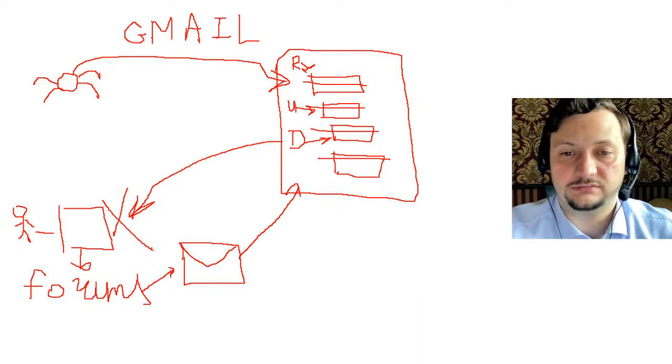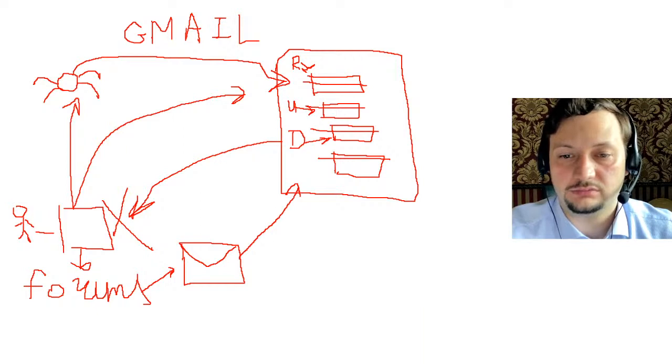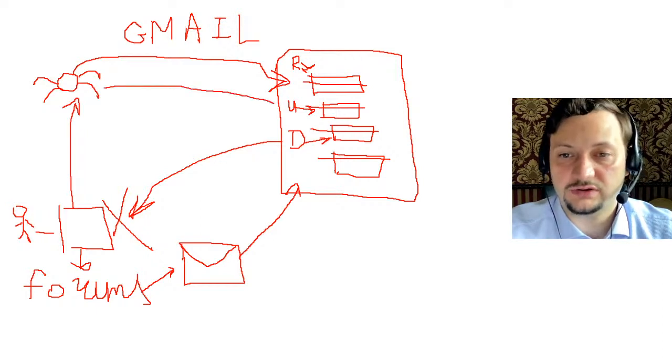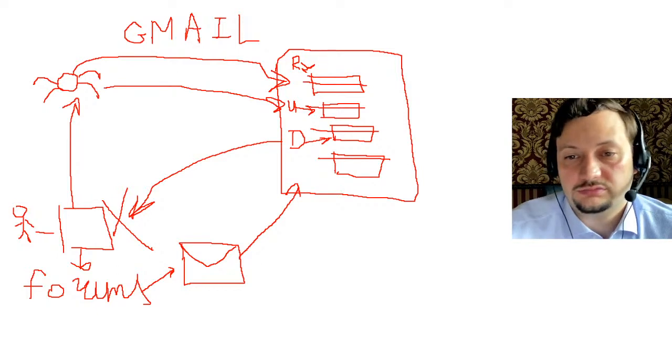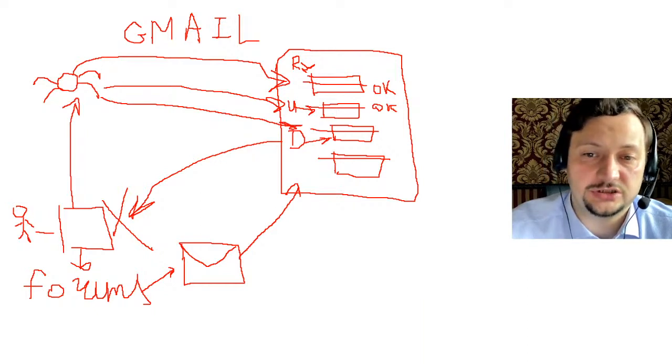Okay, first I read this message. Good, the contents of this message go to the crawler. Wonderful. Next, he clicks on update and receives the update window from the forum, but he does not want to update anything, so that is no problem at all. That is okay. Next, he clicks on the link to delete the message.